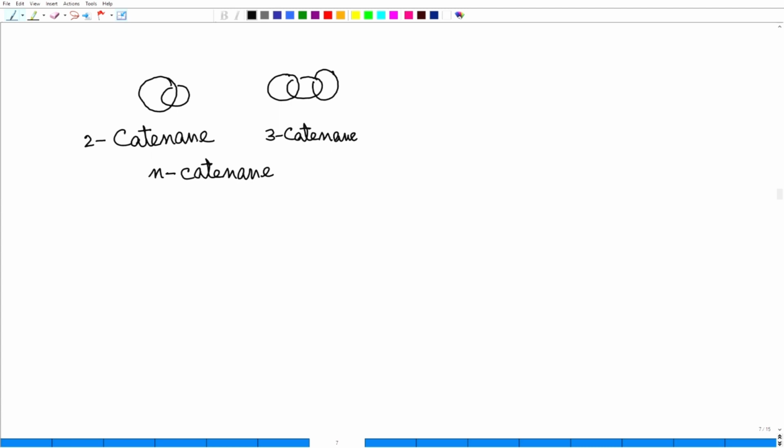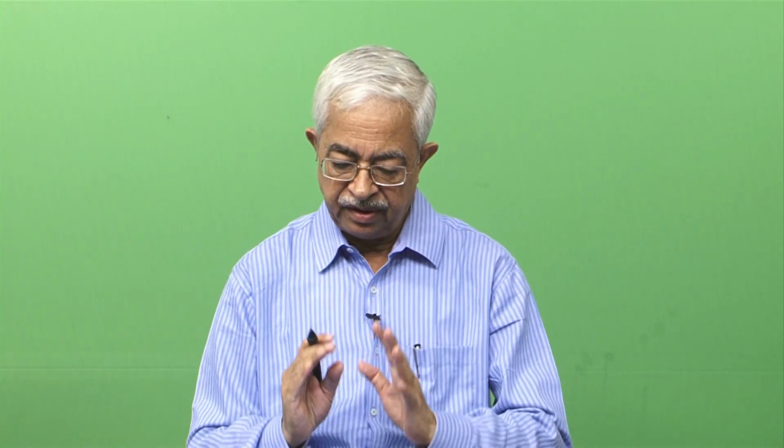This is a very good example of the kinetic template effect. Okay. So, let me now go about synthesizing what we call a 2-catenane.